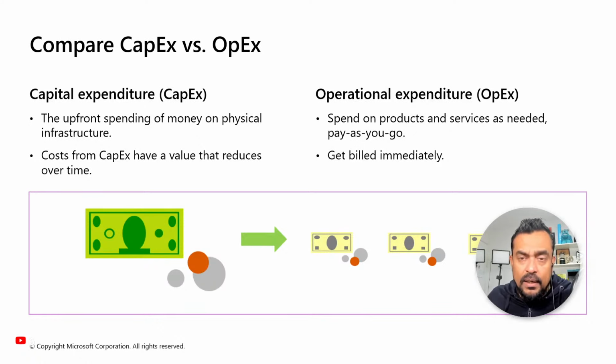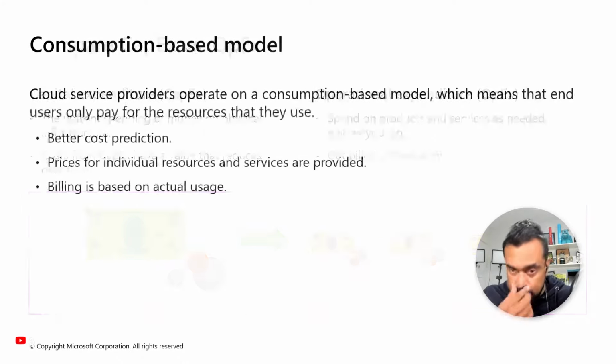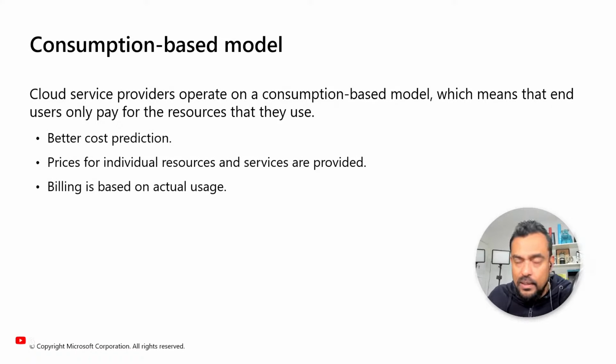But if you hire a car, you only pay for the ride. That's it. You're not responsible for anything else, right? And if you look at Microsoft, it's a consumption-based model. Not only Microsoft Azure, but there are various other cloud services like Amazon AWS, Google Workspace, like Google Cloud. So everybody's offering similar services.